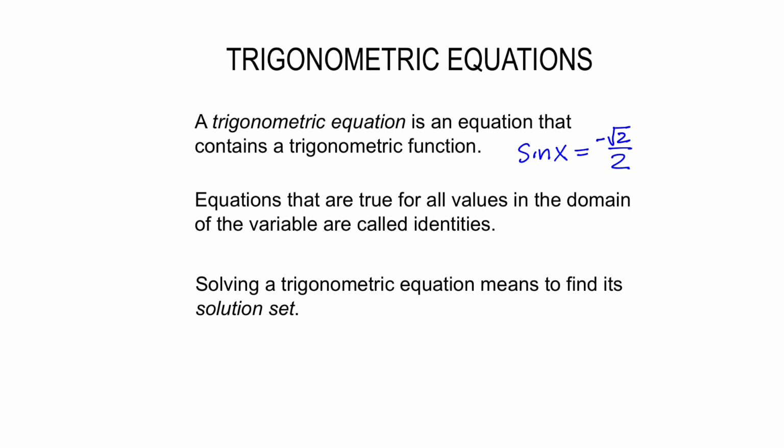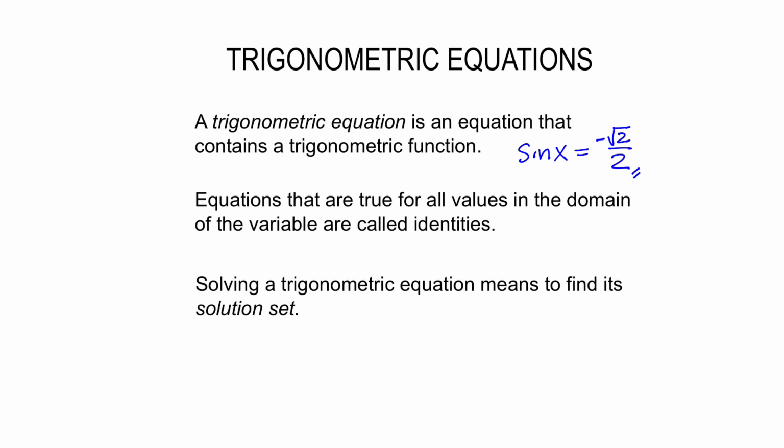This is a statement of equality, and every time we have a statement of equality, we have an equation, right? So there's an equal sign involved in it. And so there are generally solutions we want to try to find out if indeed there are specific outcomes like we have here, negative root 2 over 2.